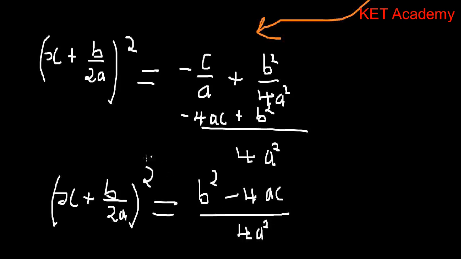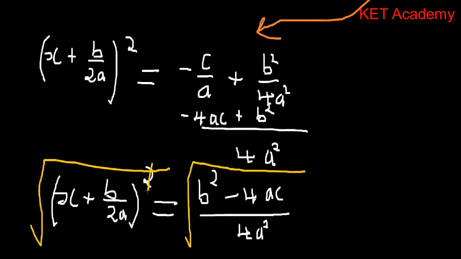Now to remove the squared sign, we take the square root on both sides.